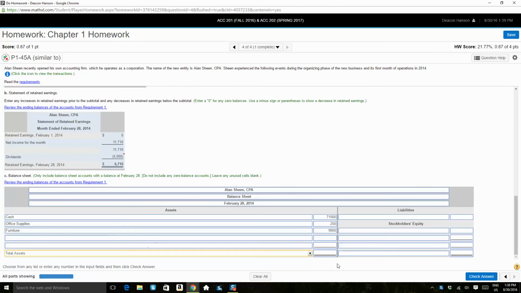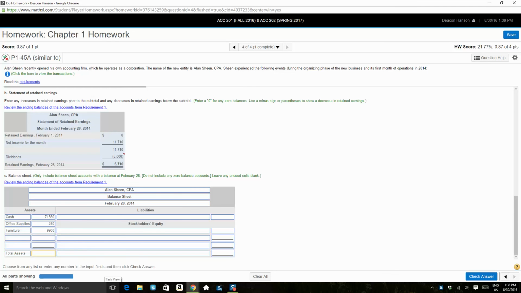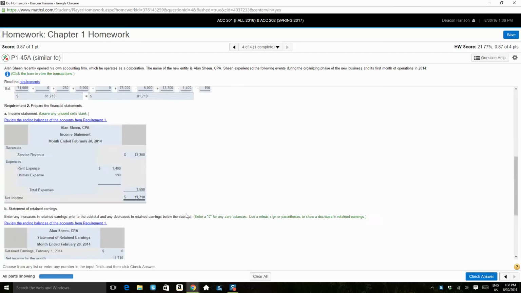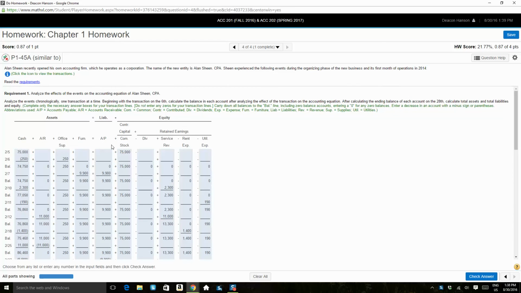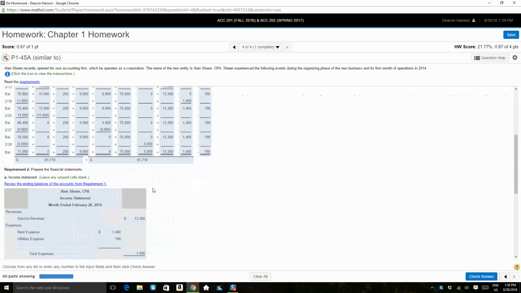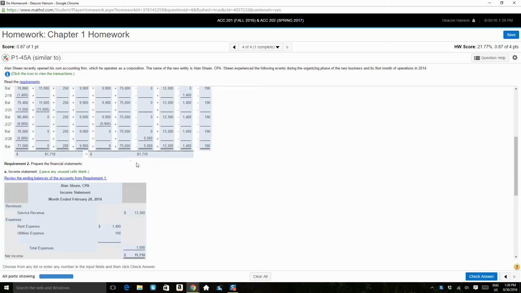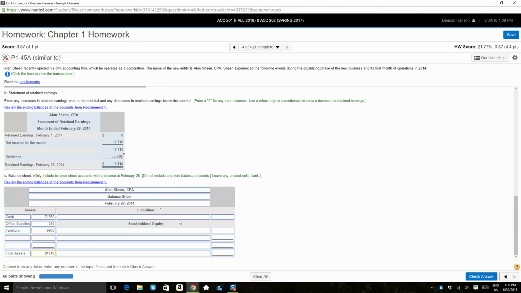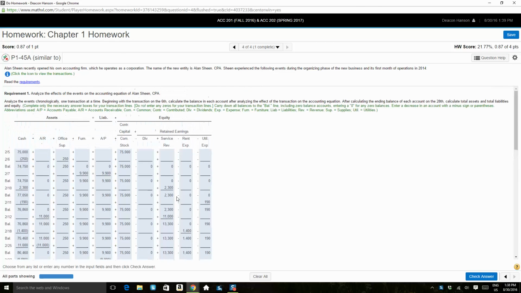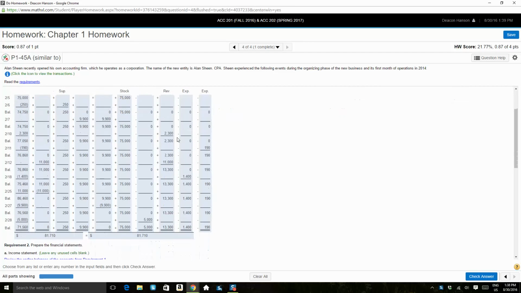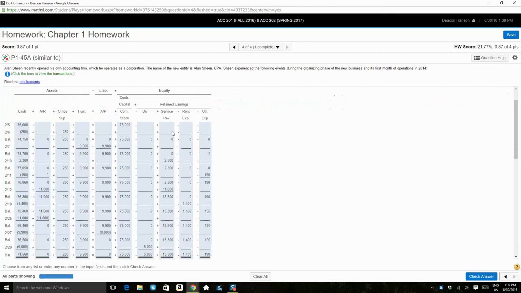Okay, then we do our liabilities. On the right side, we got accounts payable, 0. So we don't have any accounts payable. Equity. So we have our common stock of 75,000.